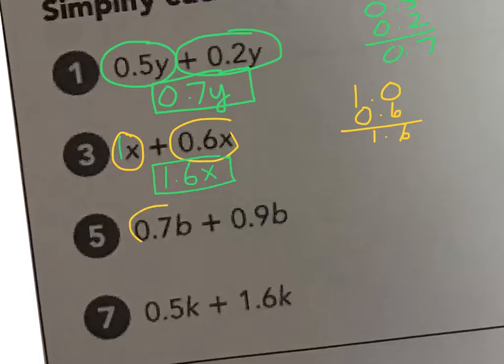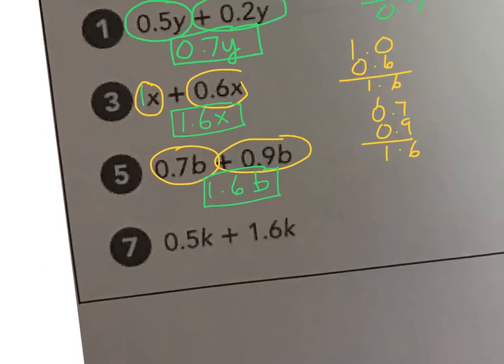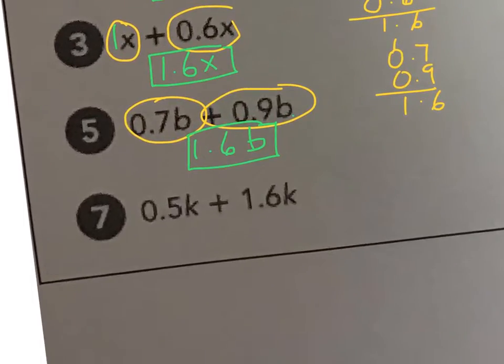This one, 0.7b plus 0.9. Line up the decimals, that's 1.6. So this would be 1.6b. I hate b's when they use that as variables because it looks like a 6 and it always confuses me.